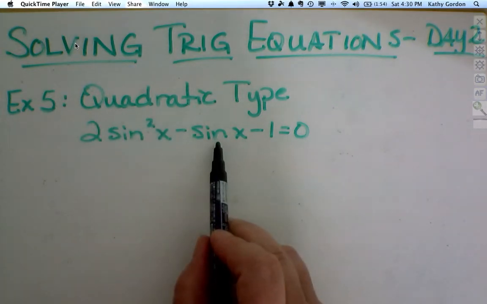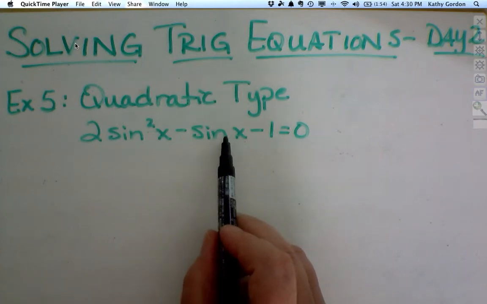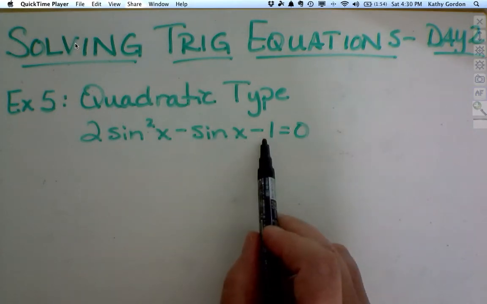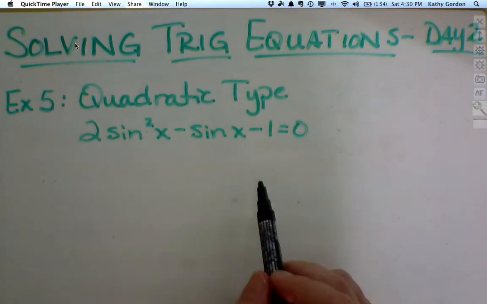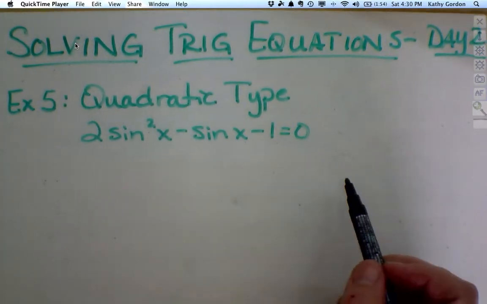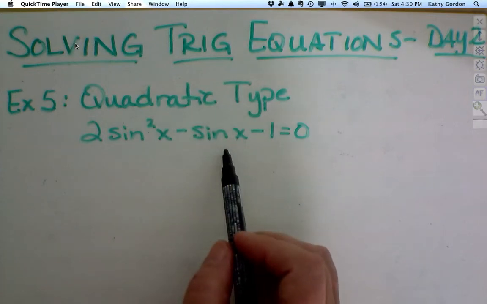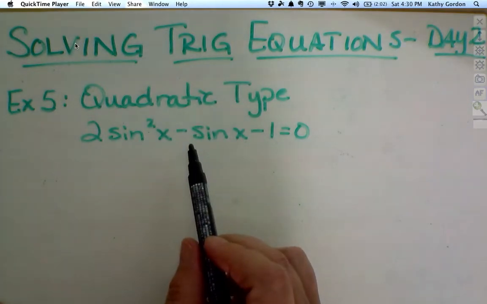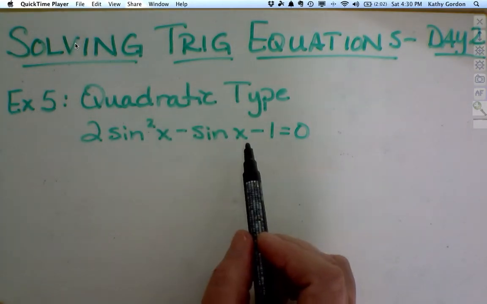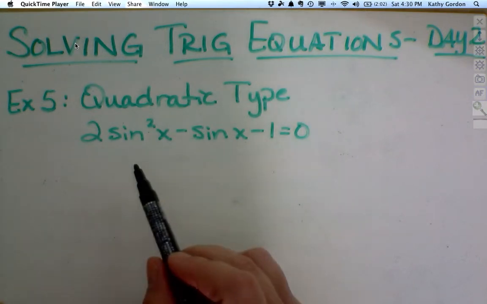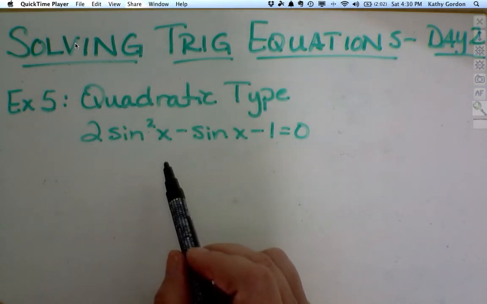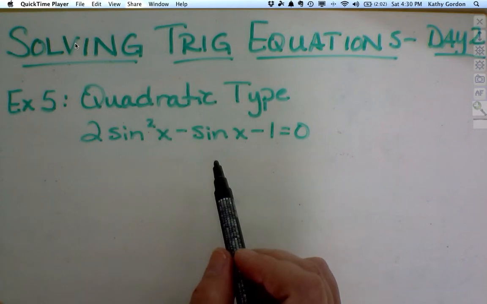In our middle term, we have just the sine, not squared, and our third term is just a constant, all being set equal to 0. So, because it looks like a quadratic, we want to use quadratic means for solving it. So that means we want to factor it like a quadratic and then solve it like a trig function.